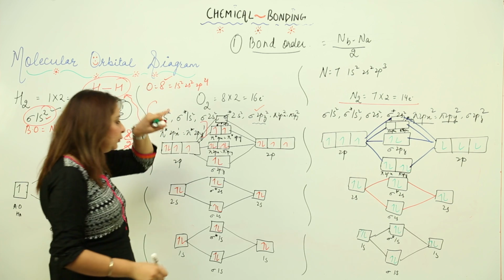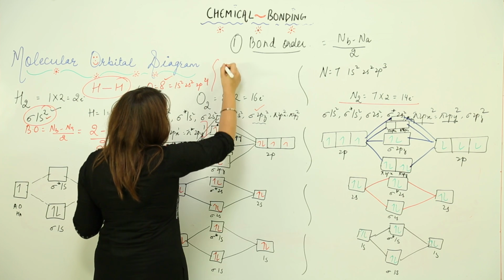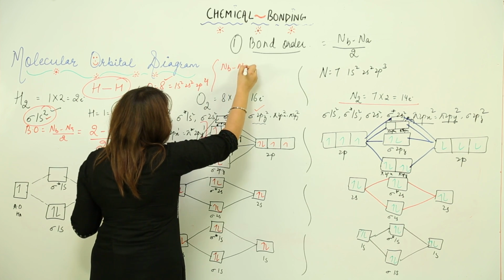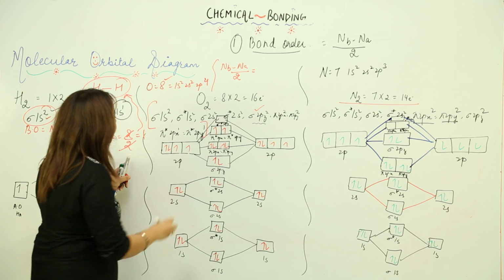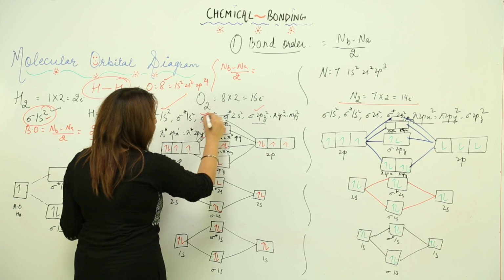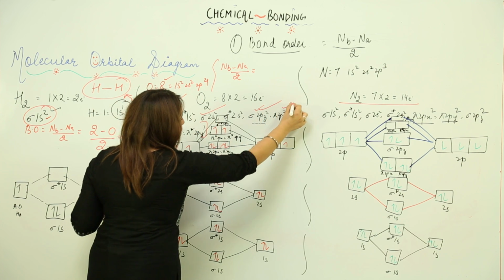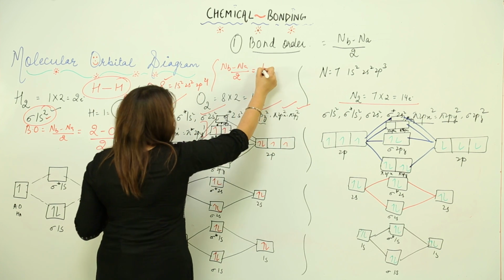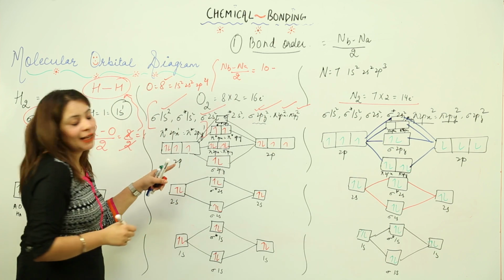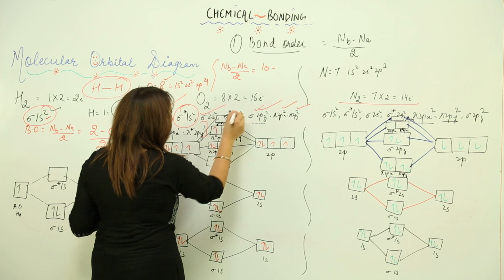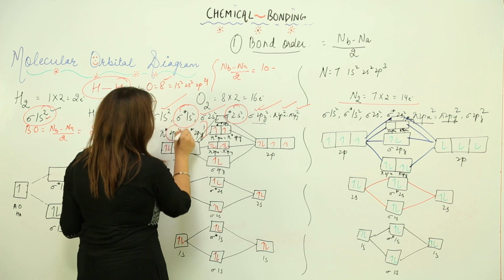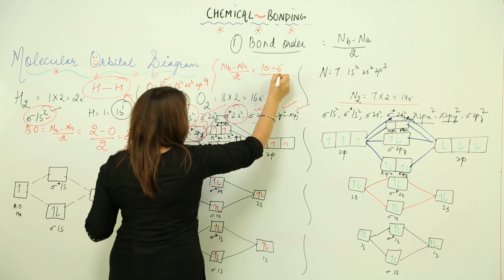Let's calculate for O2. Again, you need to apply the same formula: bonding minus anti-bonding divided by 2. So let's count the bonding ones. 2, 4, 6, 8, 10. So these are my bonding ones. Now calculate the anti-bonding, that is with the asterisk sign. 2, 4, 5 and 6.